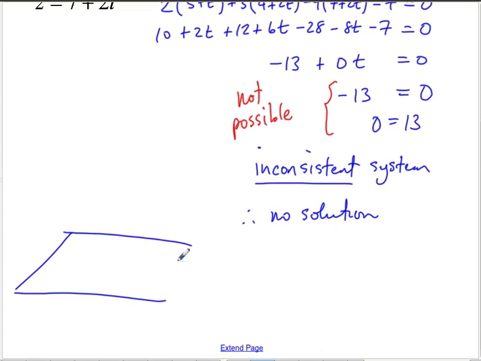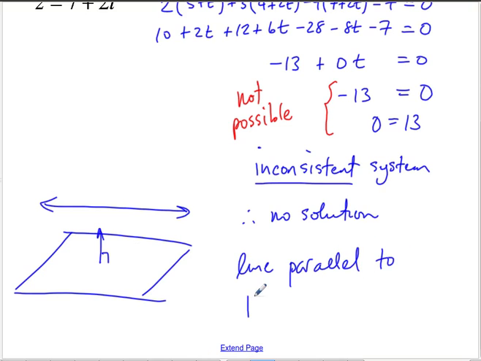That would be a plane with its normal vector, and the line is actually parallel to the plane, though that's a terrible job of drawing a parallel line. The line is parallel to the plane but distinct, meaning it does not lie in the plane.